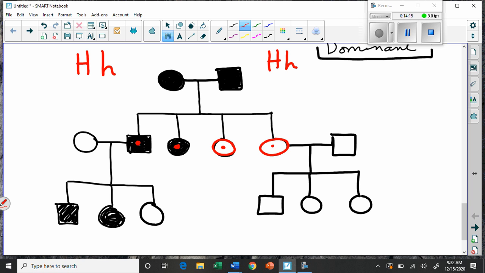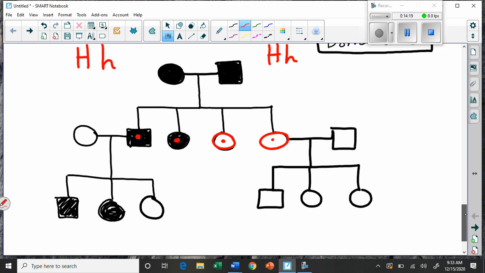Okay? Then we can go down below here. Now, what you can't do, and this is the thing, because humans only have a few children, you can't do a Punnett square and say, oh, the Punnett square says 1/3 will have the situation, and if they have 3 kids, you can color one in and say, oh yeah, the 1 out of 3. Remember, those Punnett squares are probabilities, right?